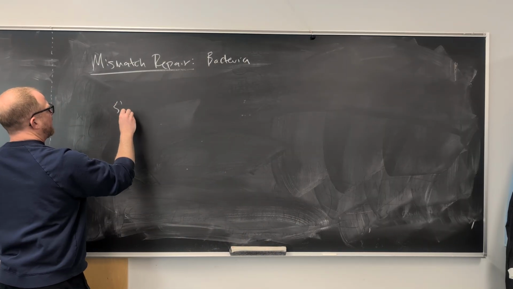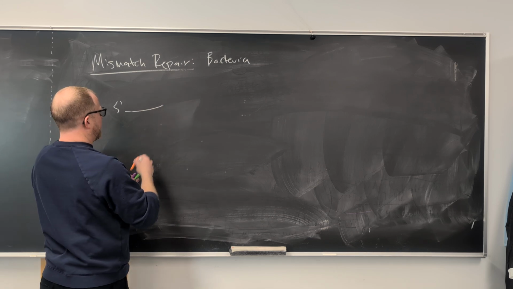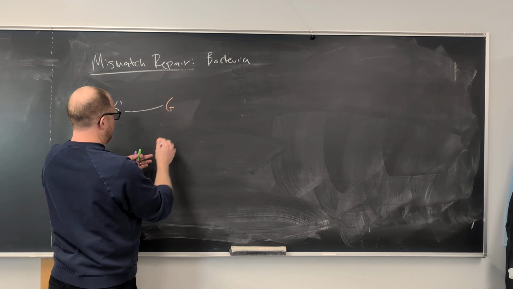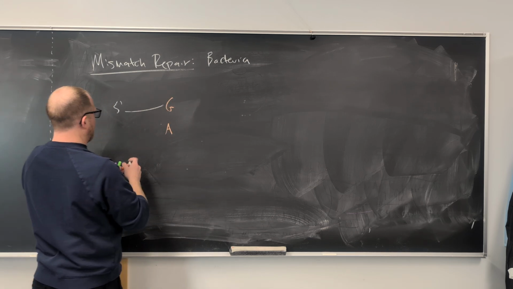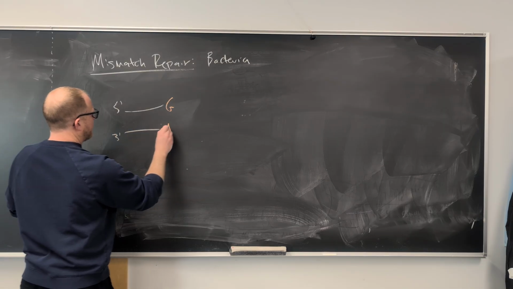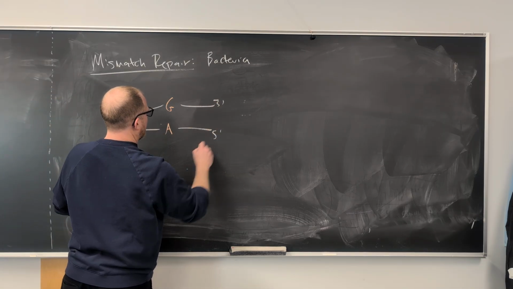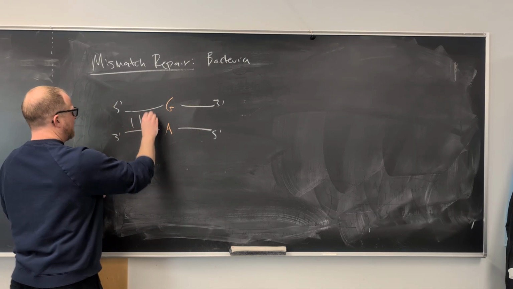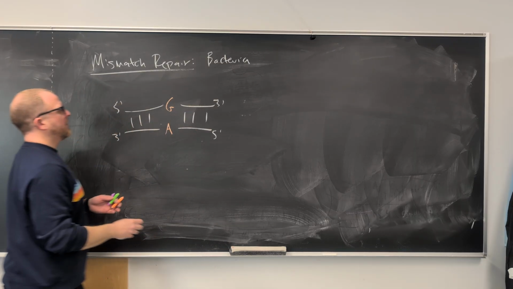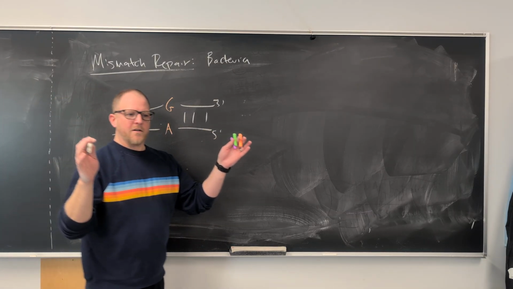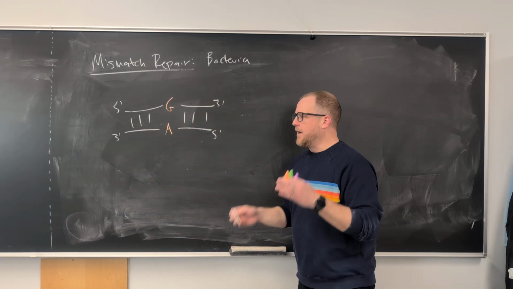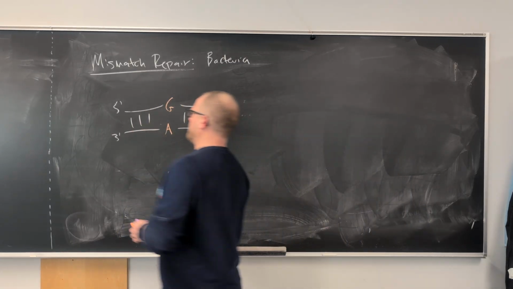We had our DNA strand, we had a G, it was a GA base pair, if I remember correctly. 3 prime, 5 prime there. Okay. So remember, this is in the context of a big long stretch of DNA, and this is after replication, right?